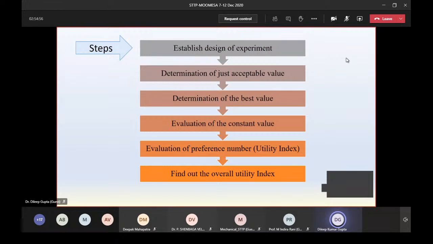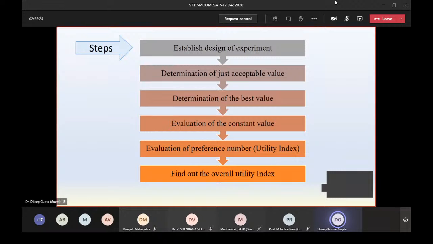Coming to the step where you establish the design of experiment. Once you have the sets of design of experiment, you have the decision matrix. जब भी आप डिसीजन मैट्रिक्स बनाते हैं, डिजाइन एक्सपेरिमेंट से जो भी आउटपुट आया, उस आउटपुट को आप ले लेते हो उस कंडीशन के साथ. Once the output is there, that output will be used as a decision matrix.